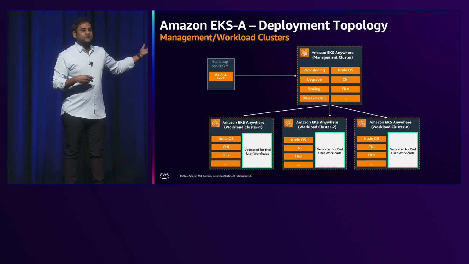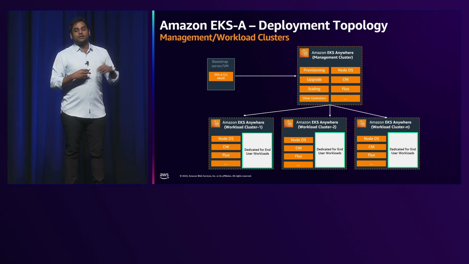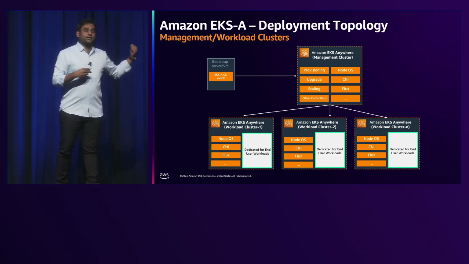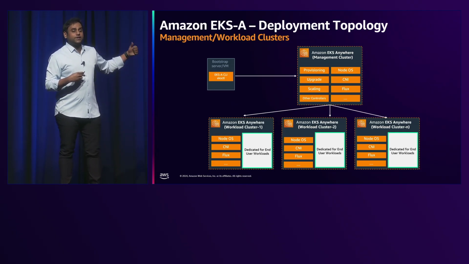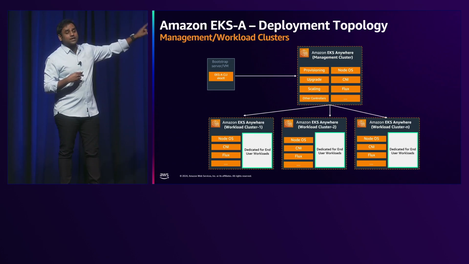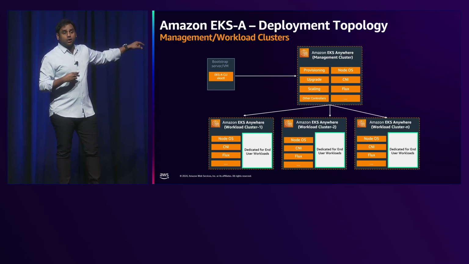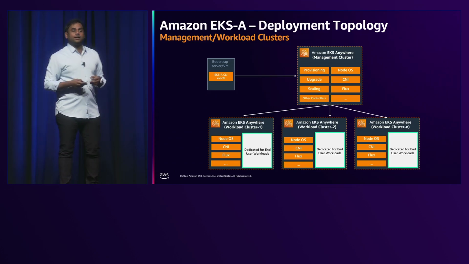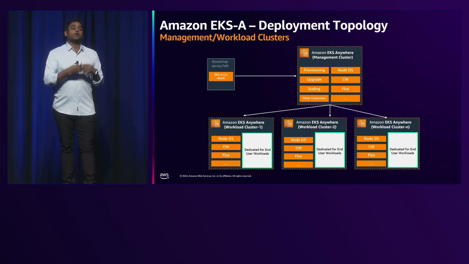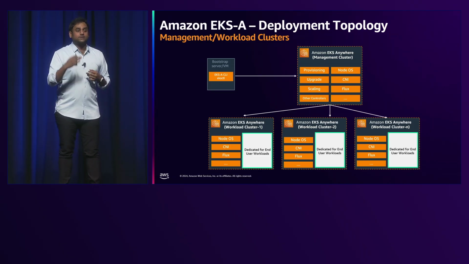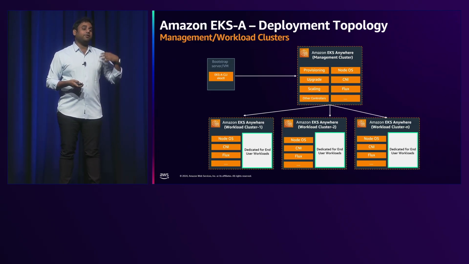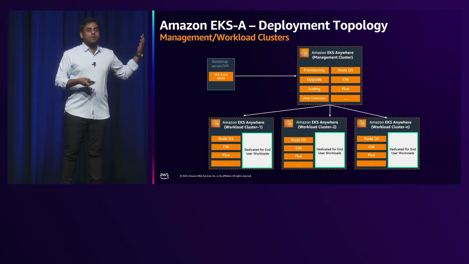So the workload clusters are the clusters where the end user workloads are deployed. As you can see, a clear-cut differentiation here between the management cluster and the workload cluster. You see that the controllers that are deployed on the management cluster are absent on the workload clusters, providing the resources that are required for your end applications, not consuming any resources for the cluster lifecycle operations itself. So this is how you can manage a fleet of workload clusters with a management cluster.